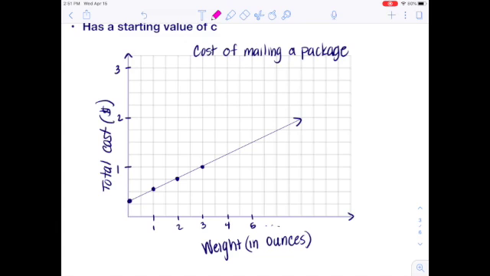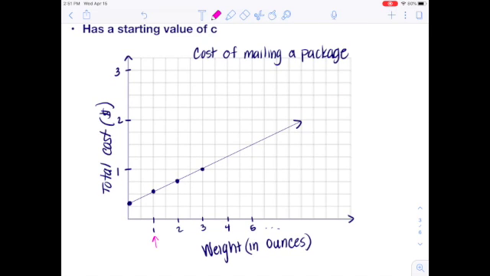So if you want to look at the cost of mailing a package, here's an example. If I had our weight in ounces and our total cost in money, I'm looking at how much my package weighs is related directly to the total cost. So if I had a 1 ounce package, I'm going to pay slightly above a half, maybe about 60 cents or something.